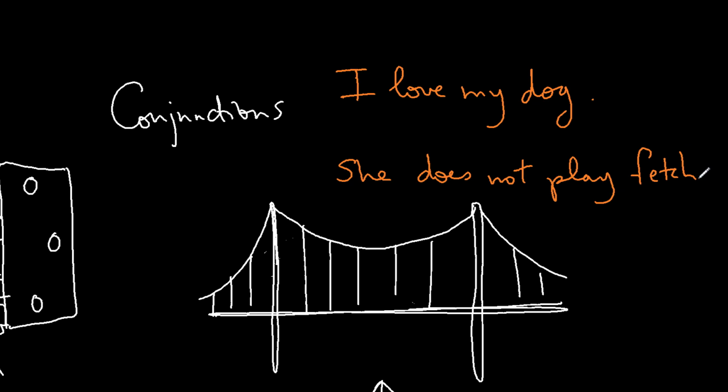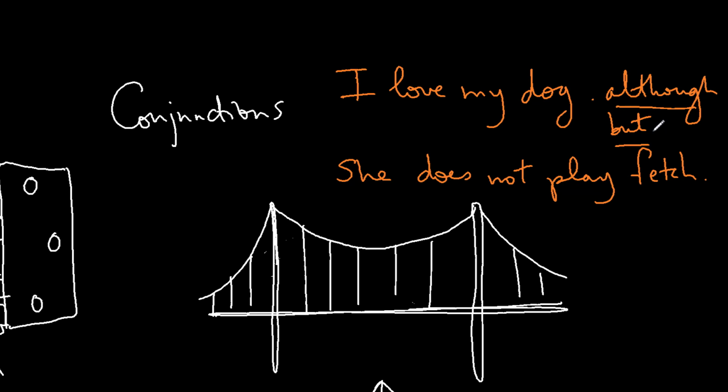Okay, so there we go. And if we want to tie these two together, we can use a conjunction. So we can add a word like although or but if we want. And then this conjunction allows us to put these two sentences together to form one new sentence.